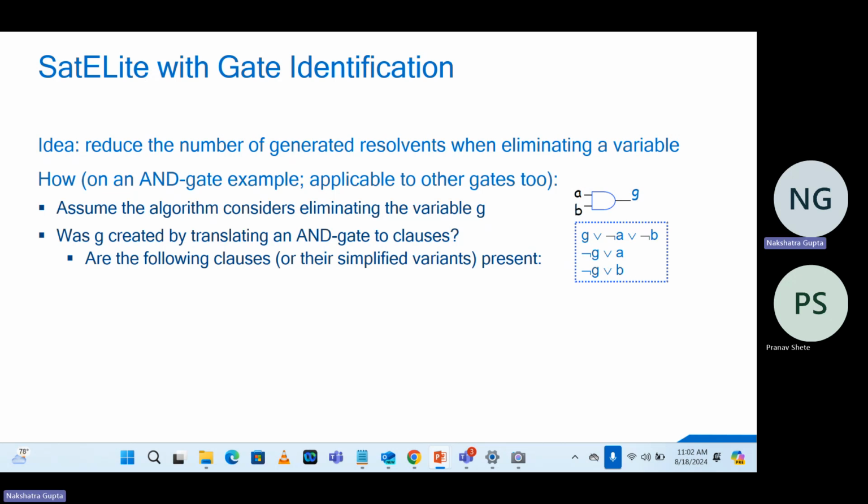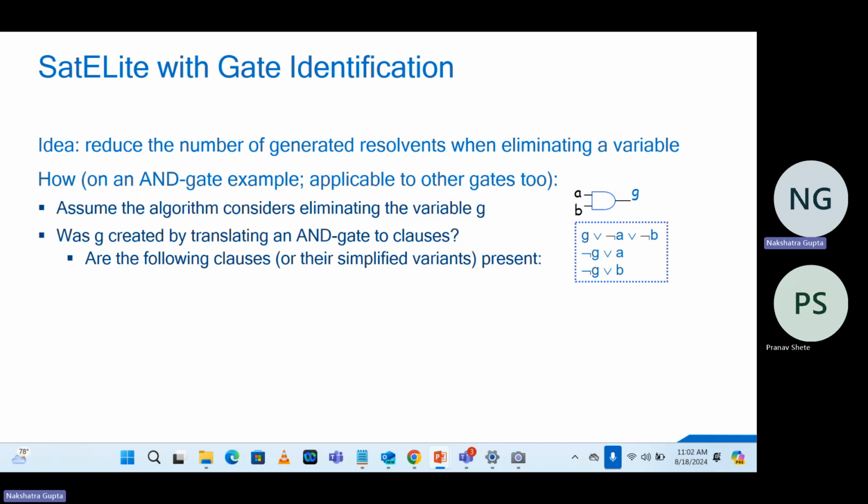So this technique, gate identification, works as follows. When it considers an eliminated variable G, it checks whether G was created by translation, in this case the AND gate. Essentially, it checks whether these clauses or a semantic variant are there.